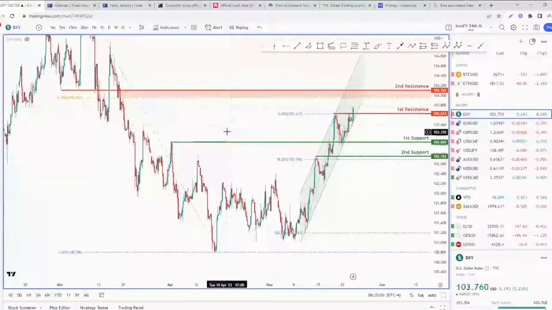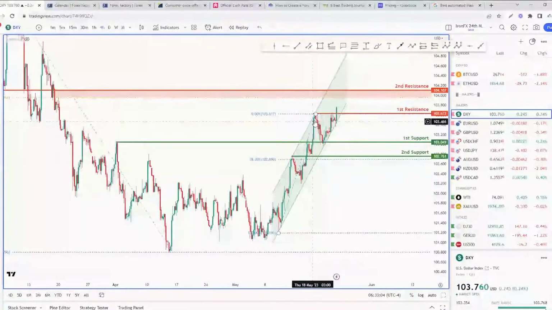In this example, we can see that on the 18th of May, the dollar index hit 103.60, retreated and fell to 103, and then bounced higher, found resistance at 103.60 yesterday, before finally breaking through it today.